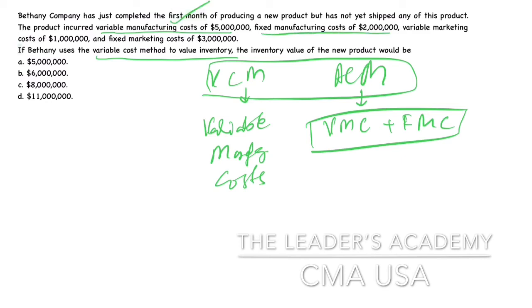No. Variable marketing costs? It is marketing, so it is not manufacturing, it is going to be a non-manufacturing cost. I will not take this. Fixed marketing costs, again the same explanation, it is a non-manufacturing cost. That's why this is not considered to calculate the inventory value.